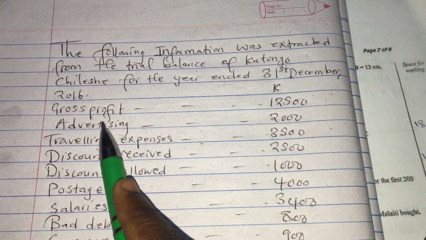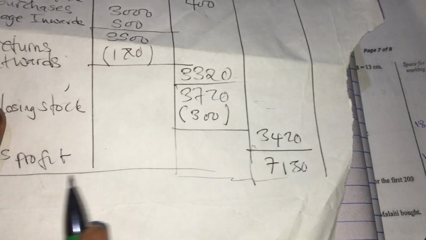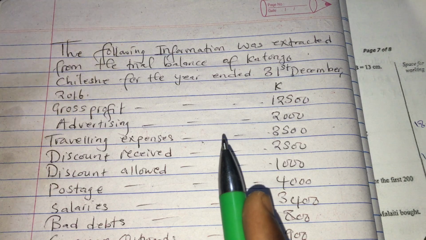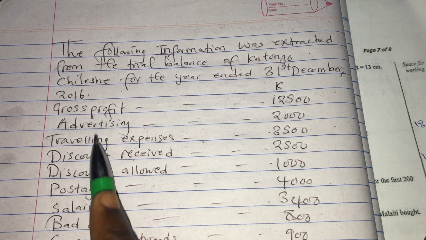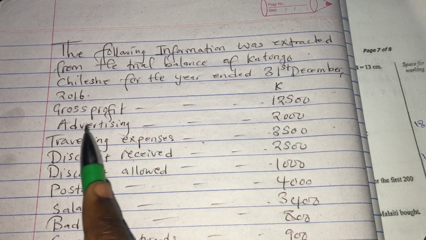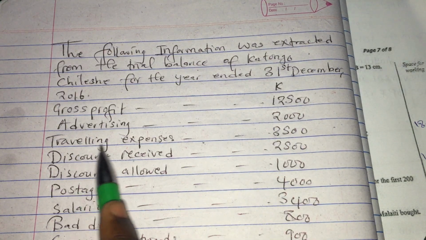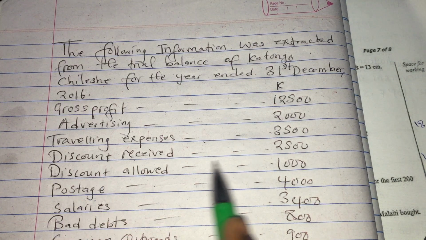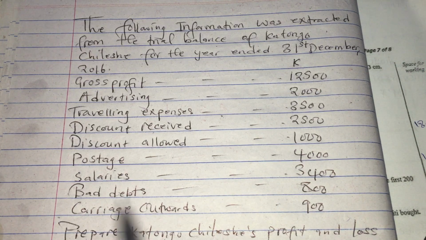If you check from our previous question, we did have the gross profit. So where the trading account ends, that's where the profit and loss account starts. We have advertising, traveling expenses, discount received, discount allowed, postage, salaries, bad debts, carriage outwards.